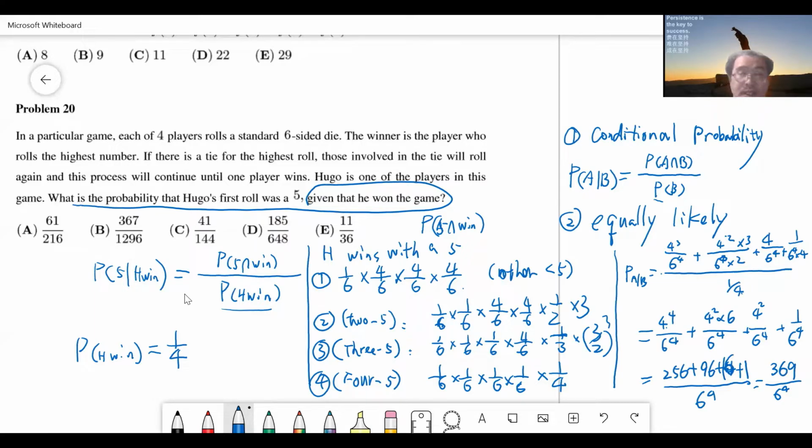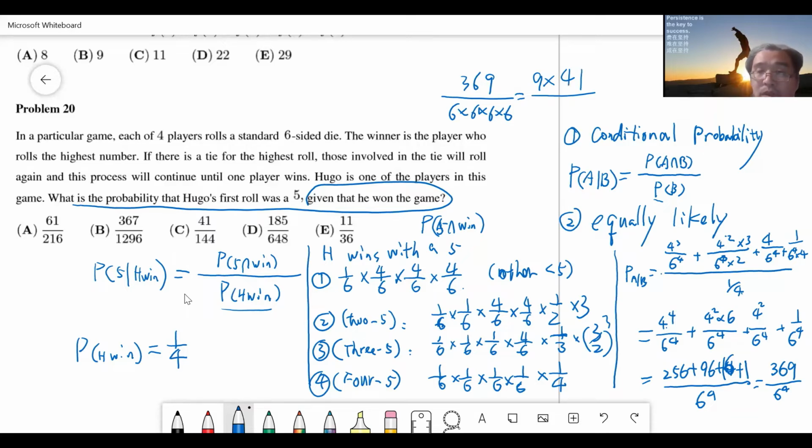Right, 369. So we need to do some canceling. 369 over 6 times 6 times 6 times 6. So which equals, I'm going to divide by 9. So that's going to be 9 times 41.